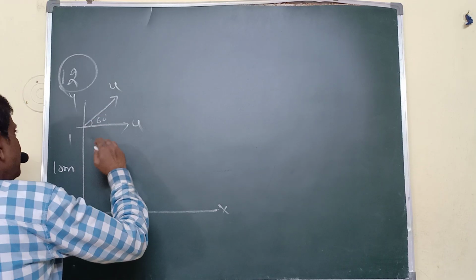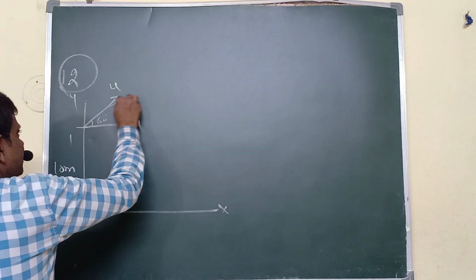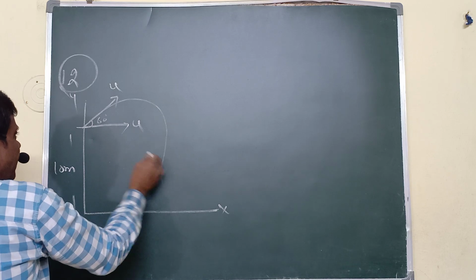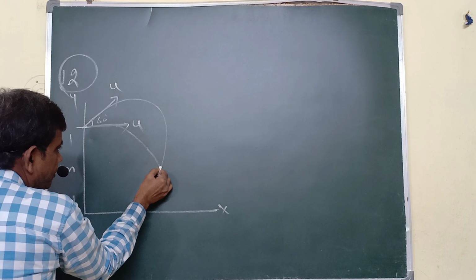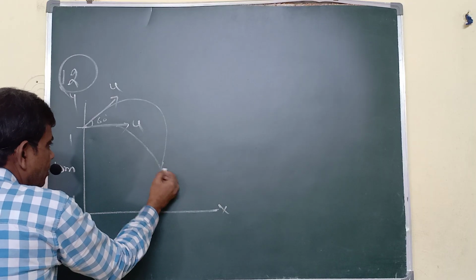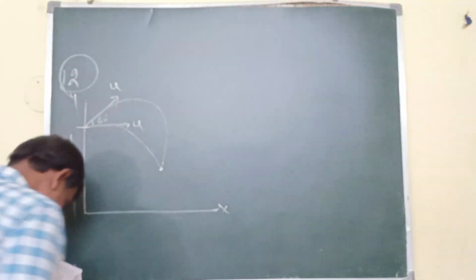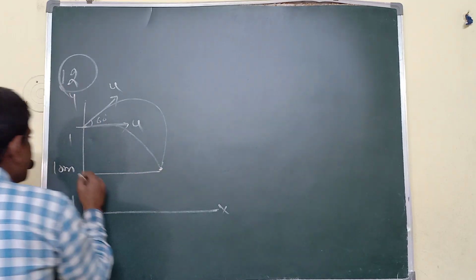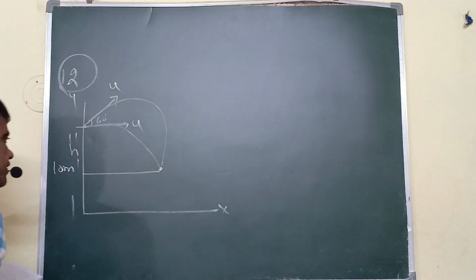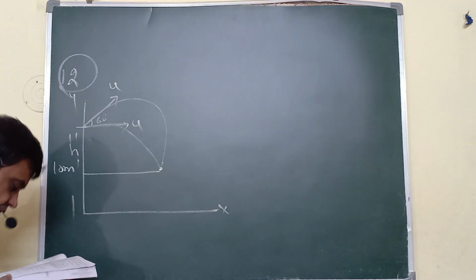Its path is a parabolic path like this. Again it is coming like this. This also is a parabolic path. So these two are colliding here. Now this height I am taking as h, and this height also as h.